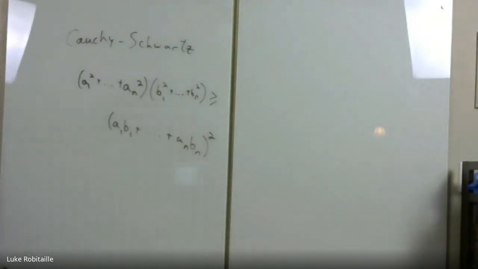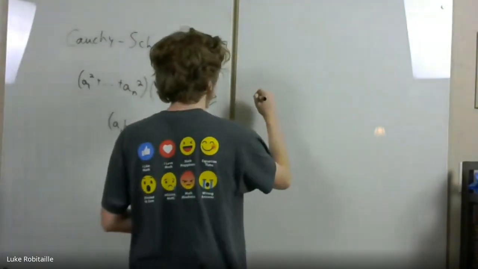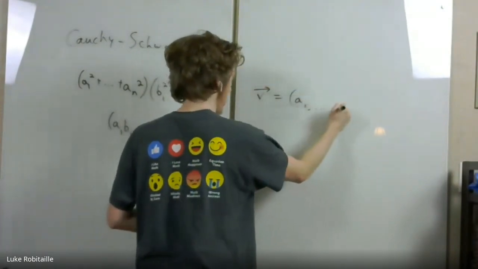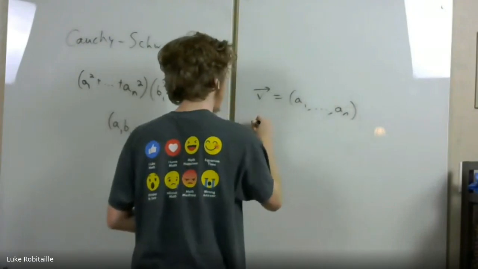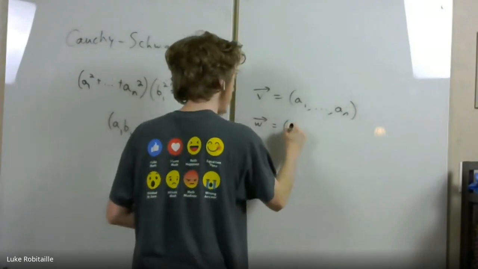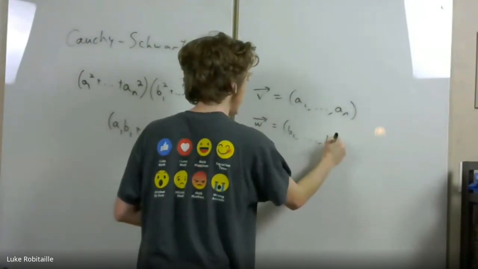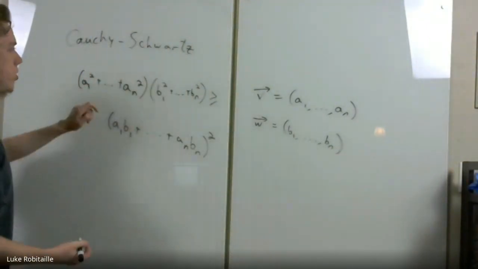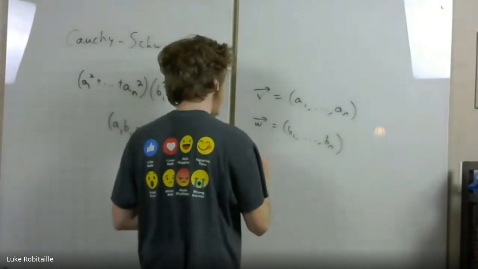Well, let's look at 2 vectors in n-dimensional space, where you have a1 through an and b1 through bn. Let's call them v and w. Well, this is just the length of v squared.